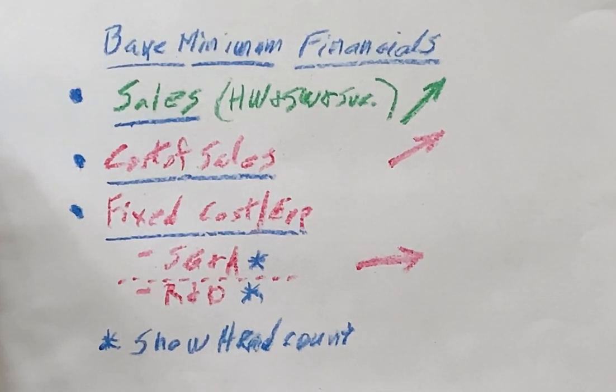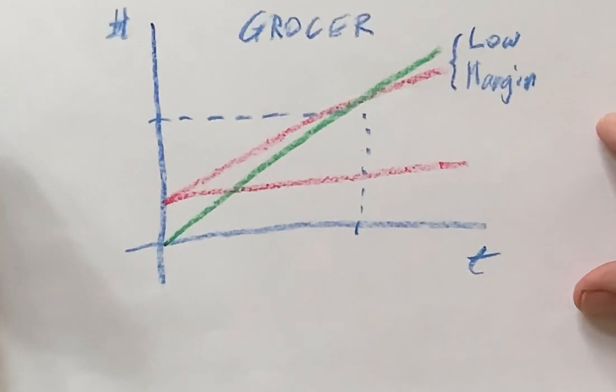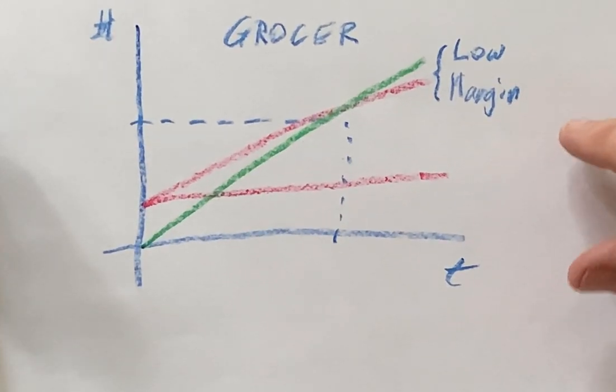But at the end of the day, when it's all over, you're going to show a break-even chart, or have the data to show a break-even chart, that shows something like the grocer or something like the jeweler. And the interest here is this, quite simply.